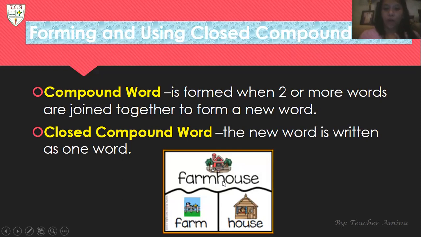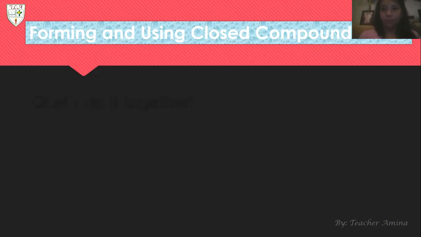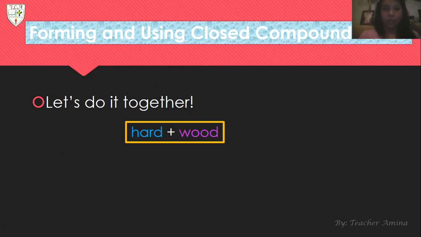Farmhouse is combined from two words, farm and house, which separately have different meanings. When you combine them together to form a new word, it has a completely new meaning. So let's do this together.